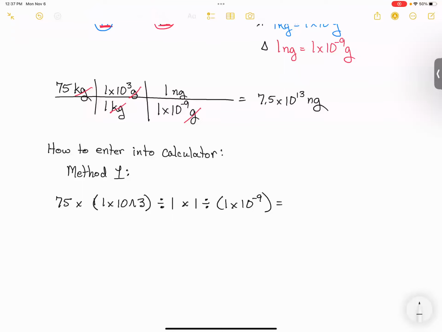Oh, excuse me, that's not times, that's caret -9. Equals. But don't forget a parentheses. Now, personally, I don't like this method because it's easy to forget parentheses.